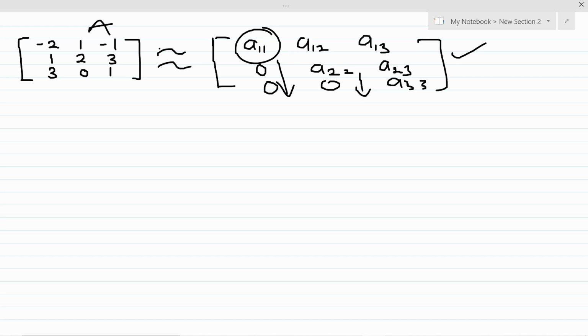Now with this idea, how you'll be able to perform this is that the rules accepted here are: you can swap rows, row swapping. You can swap columns as well, but you are not there yet.